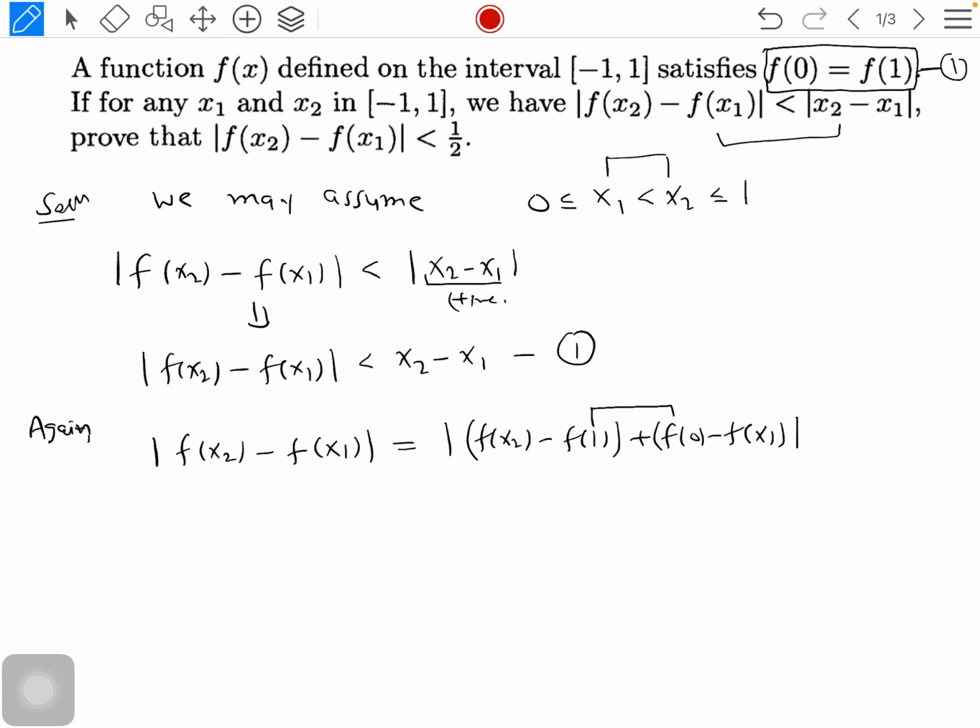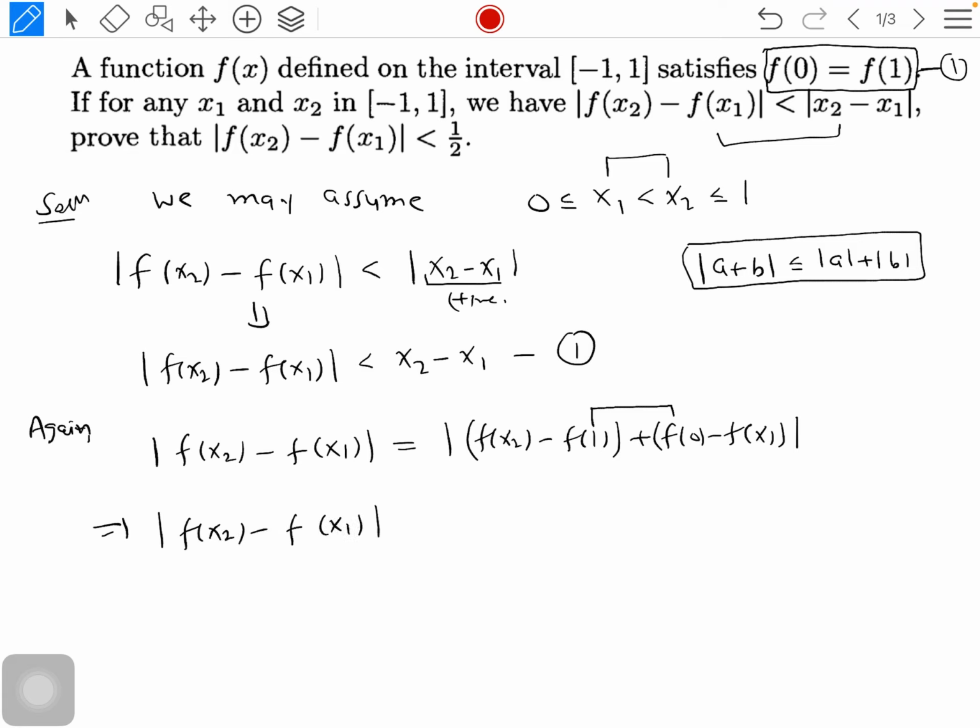Also we are familiar with the modulus inequality, and that is mod of a plus b is always less than or equal to mod of a plus mod of b, and I am going to use this modulus inequality here. So we can write mod of f(x2) minus f(x1) is less than or equal to mod of x2 minus 1 plus mod of 0 minus x1.